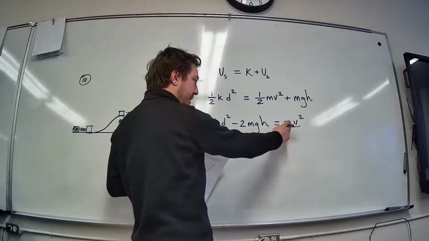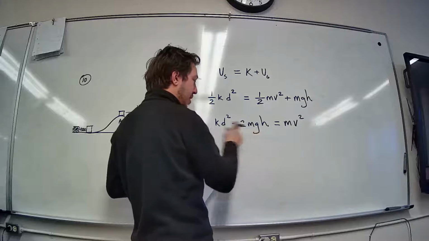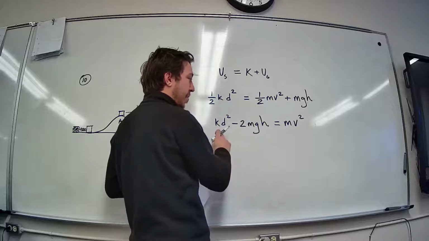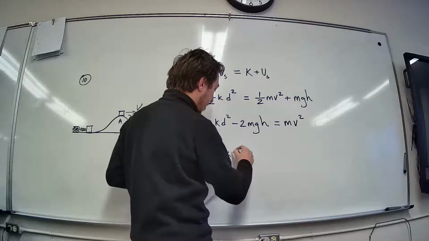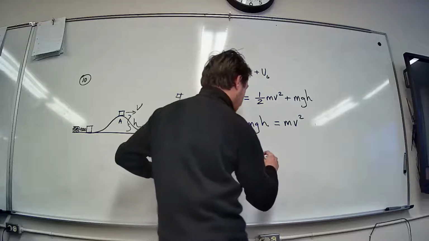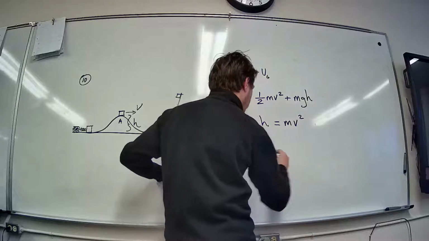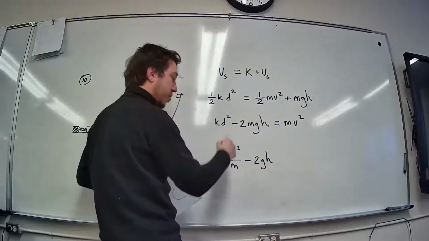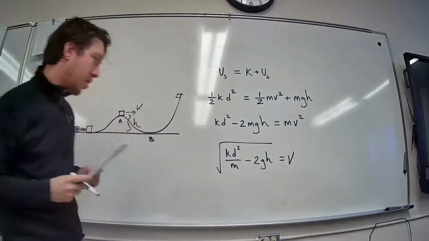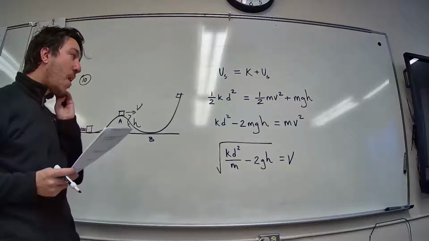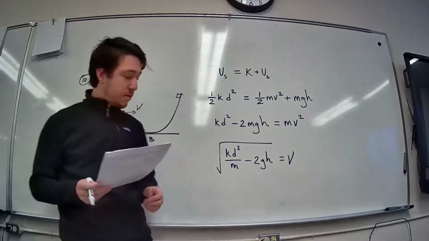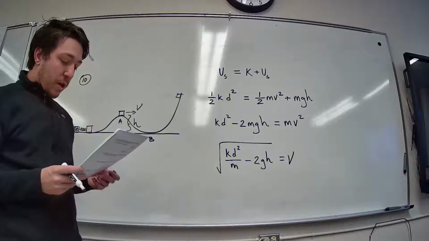When I divide by m, these both get divided by m, so this one will cancel out, and this one will have an m on the bottom. So I'll have kd squared over m minus 2gh, and then I'm going to square root. That's pretty nice. There's that term, 2gh, that keeps coming up over and over again.